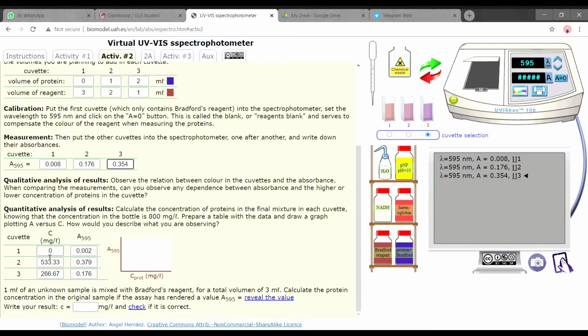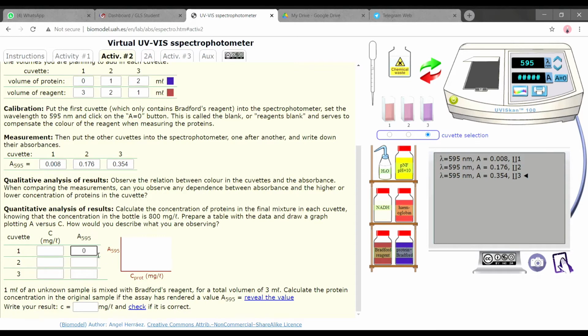So to find the concentration, we need to use the formula of C0V0 equal to CdVd.